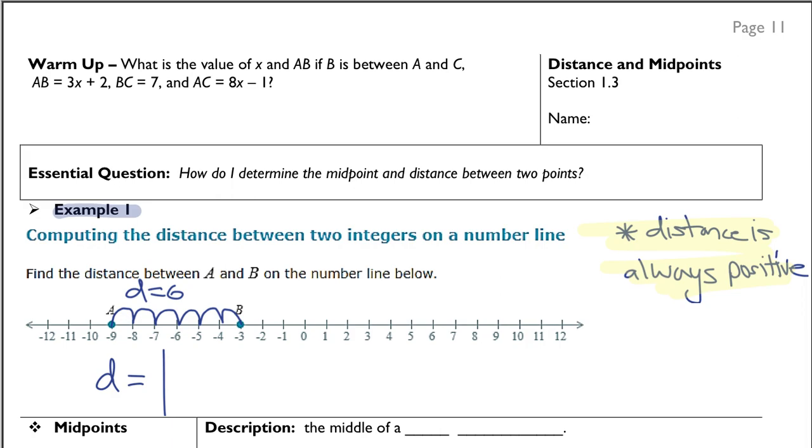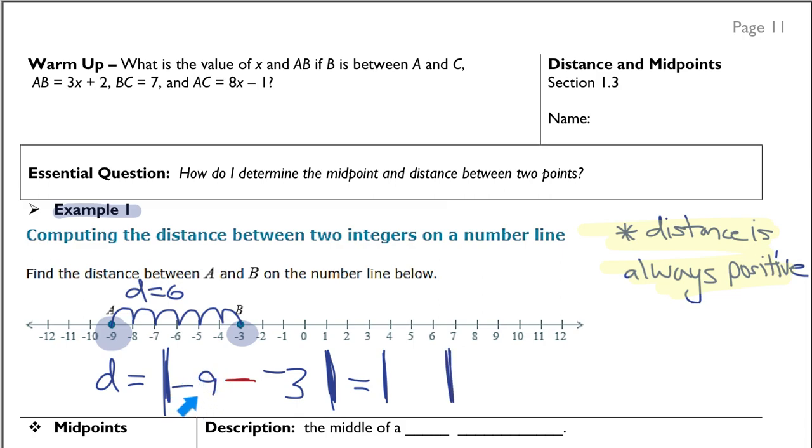Those are vertical lines. And we're going to take our first number of -9 here, and we're going to subtract it to figure out how far it is away from -3. So we're going to take -9, and we're going to subtract this from a -3, and then make it positive. That's what these symbols say. So in this case, we figure out what is the inside of this.